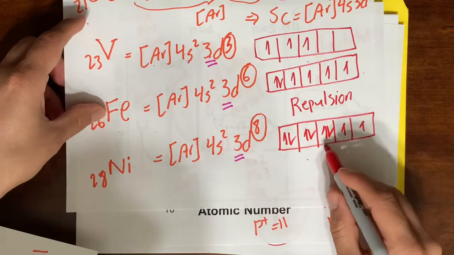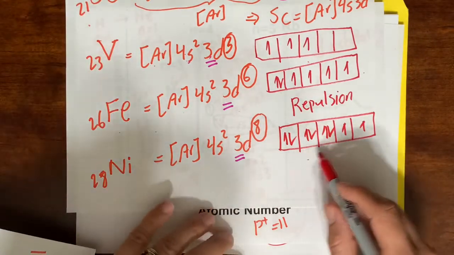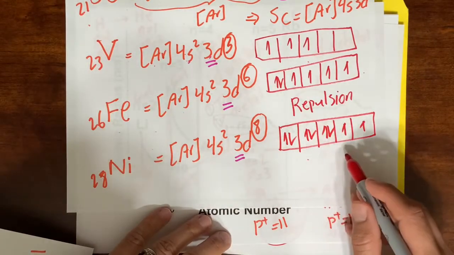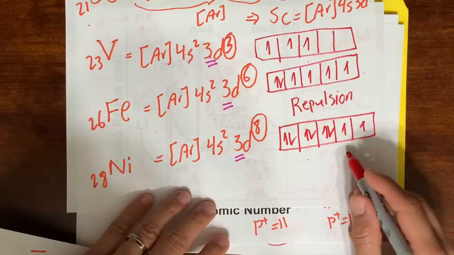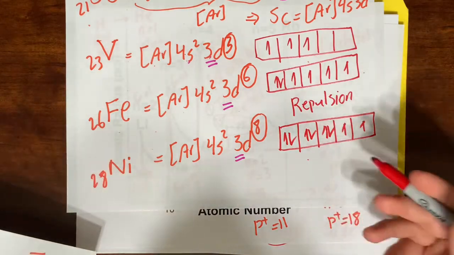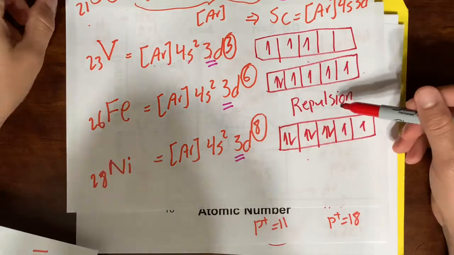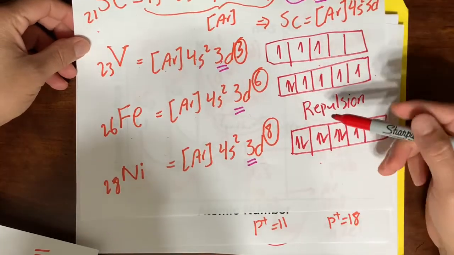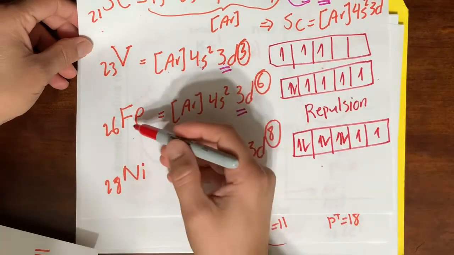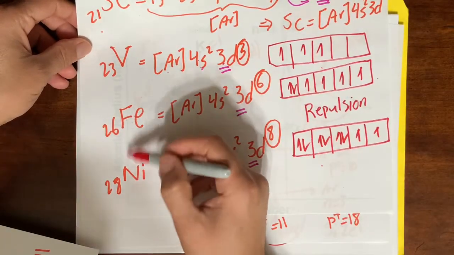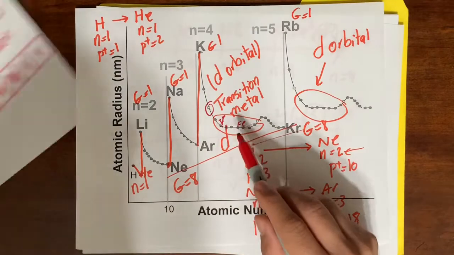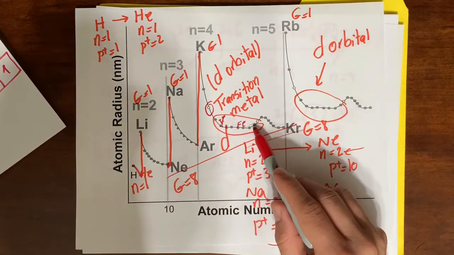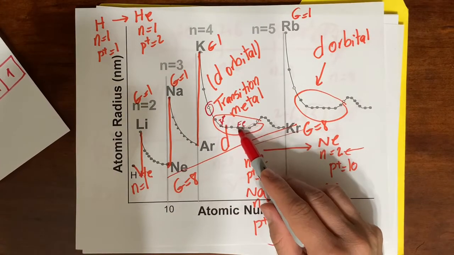For nickel, we have 3 of this orbital full and 2 half occupied. So I'm going to say the repulsion is going to be huge. Because repulsion is more, you should expect an increase in size when you move from iron to nickel. And from iron to nickel, it's just going to be this element.